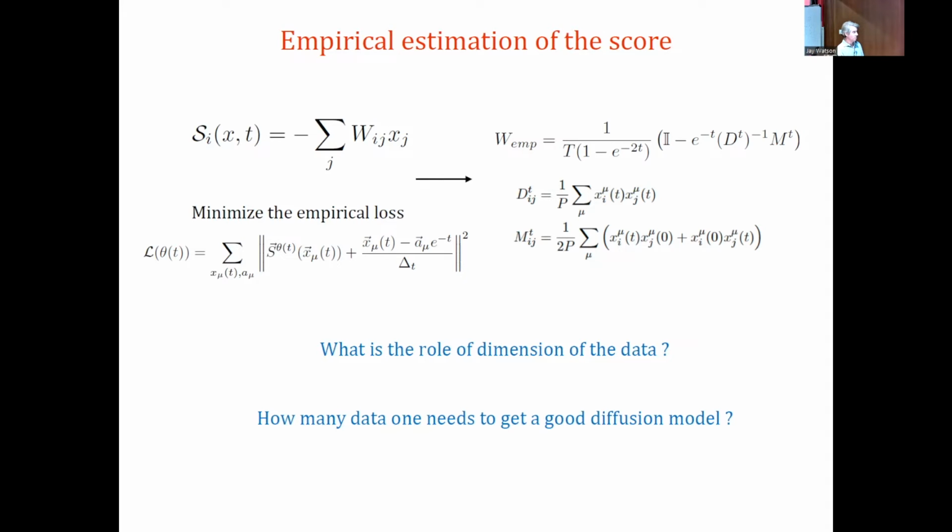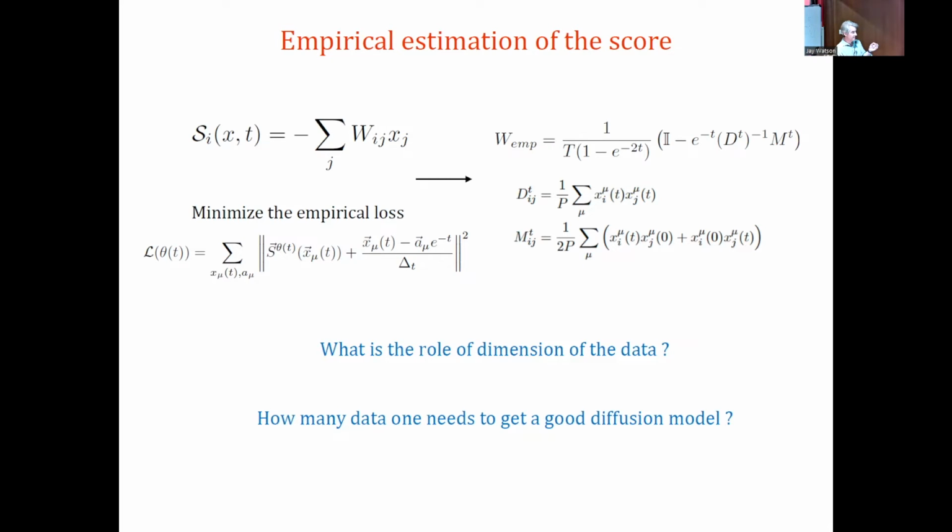And the empirical W, you can express it in terms of matrices that are nothing else than the empirical covariance of the process. For example, this matrix T: for each data point you have a trajectory, and you are summing over the trajectories x_i^μ(t) x_j^μ(t).